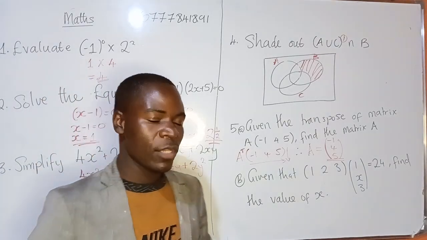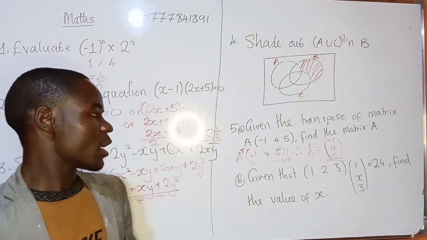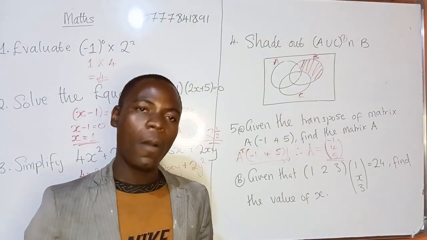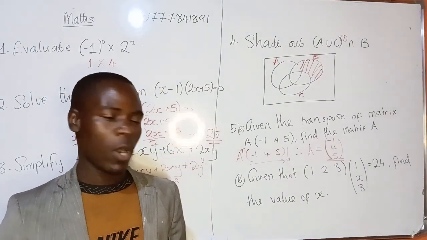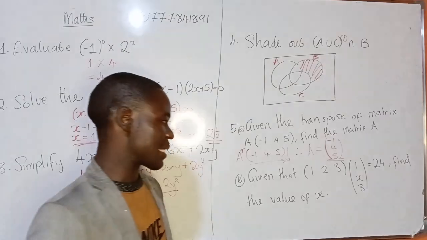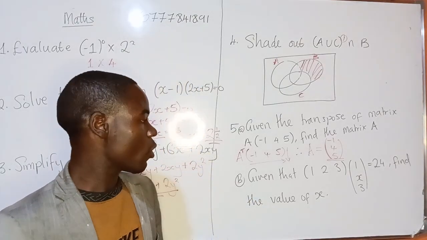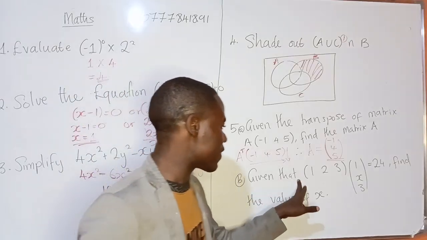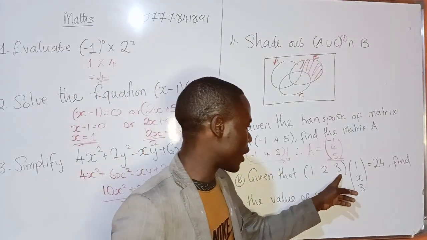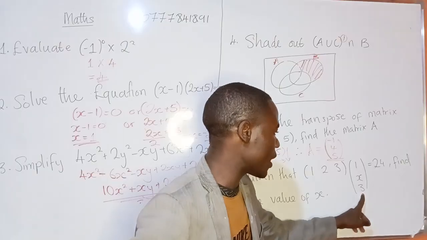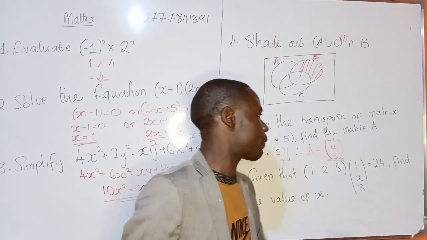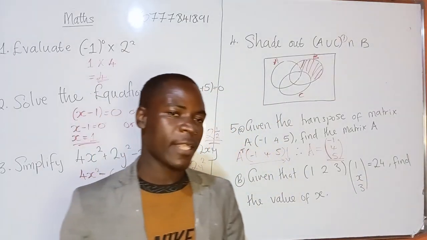Lastly, we have a question which seems to be more simple but hard and sure. So now we must get to understand this question. It is provided how many marks? 2 marks. They are saying, given that the matrix 1, 2, 3 times the column 1, x, 3 is equal to 24, find the value of x.